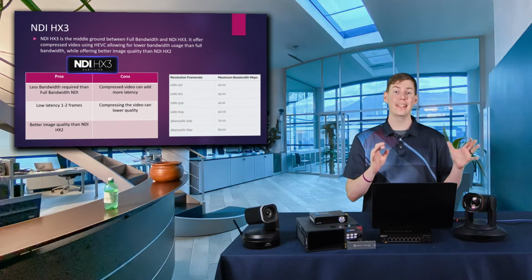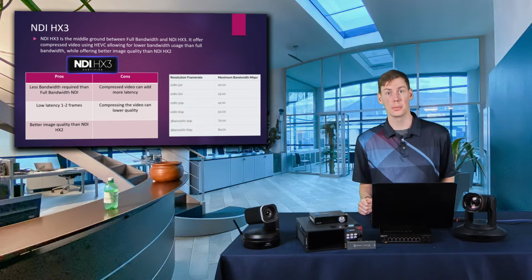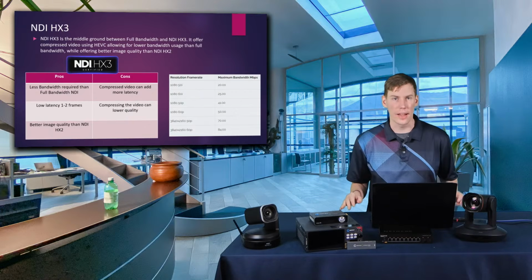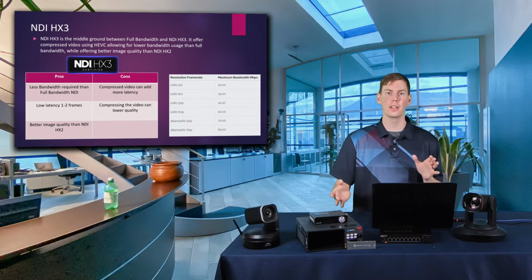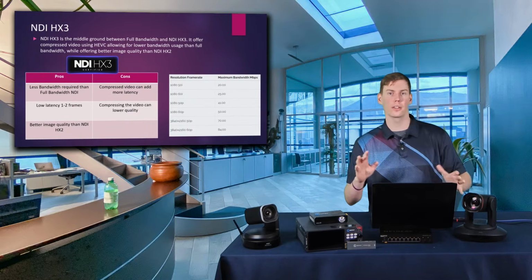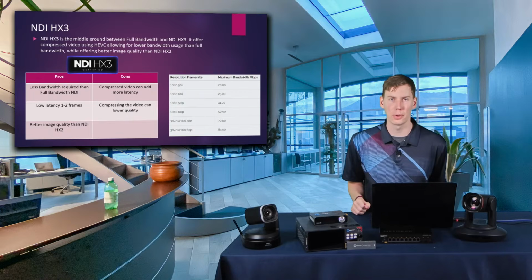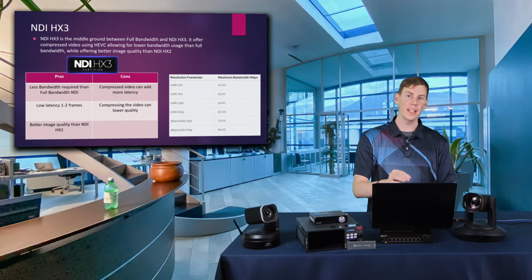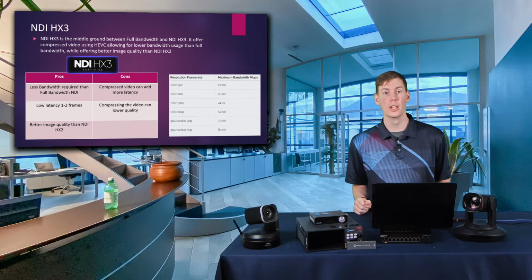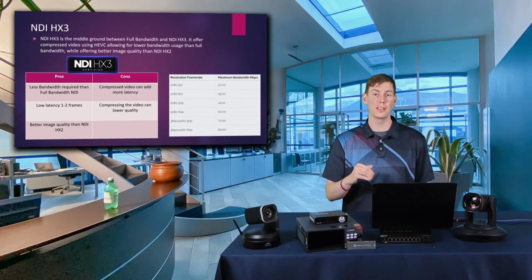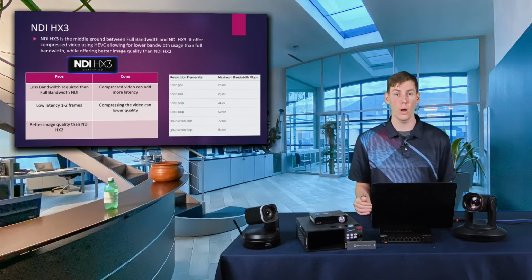So that's when NDI HX3 comes into play, and this came about, I want to say last year-ish. And NDI HX3, in my opinion, is the Goldilocks, kind of the best of both worlds, because NDI HX3 uses HEVC compression or H.265 compression, so it still compresses the file, but it's able to maintain a lot of that quality.